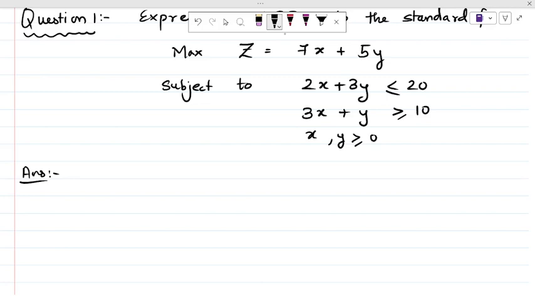Though it is a maximization type, and we said that all maximization questions should be of less than or equal to type, it's not a problem when you have to write the standard form.